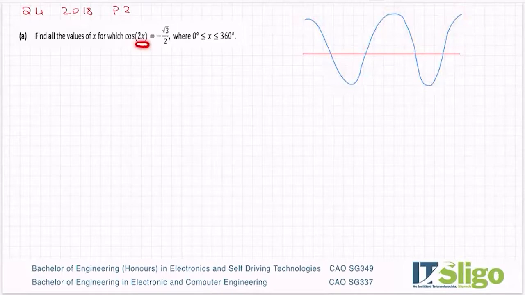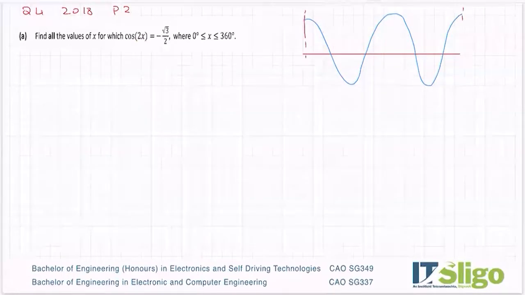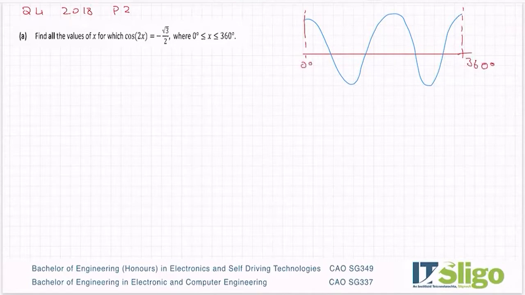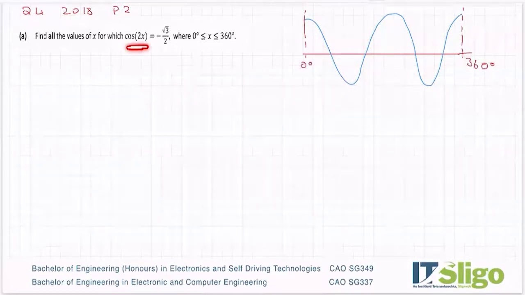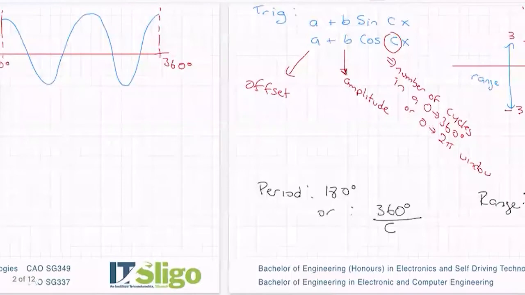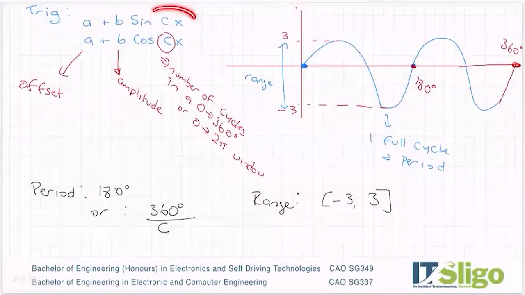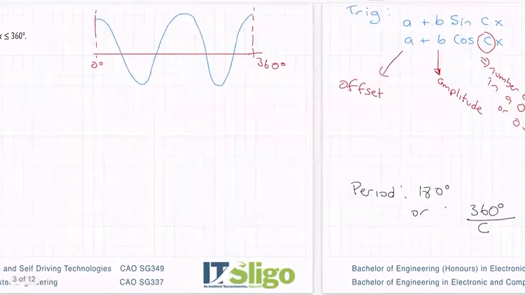So when I see this 2x, I know that there's two cycles between 0 and 360 degrees. Okay, and I know that from cos 2x, okay? Because remember, this number here in front of x gives us the number of cycles in a 360 window.